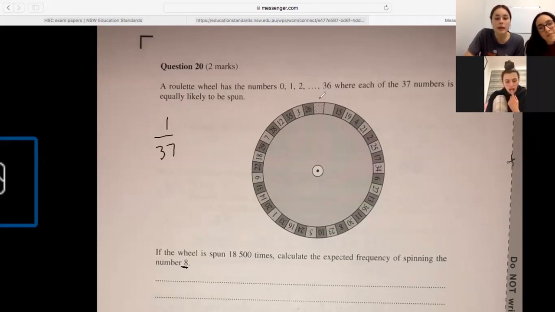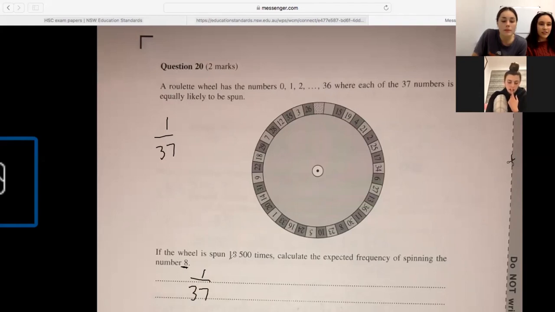Because if each of the numbers is equally likely to be spun, that means all of them are ones. And we're just trying to spin one number 8. So it's 1 on 37 is how likely it is to be spun.